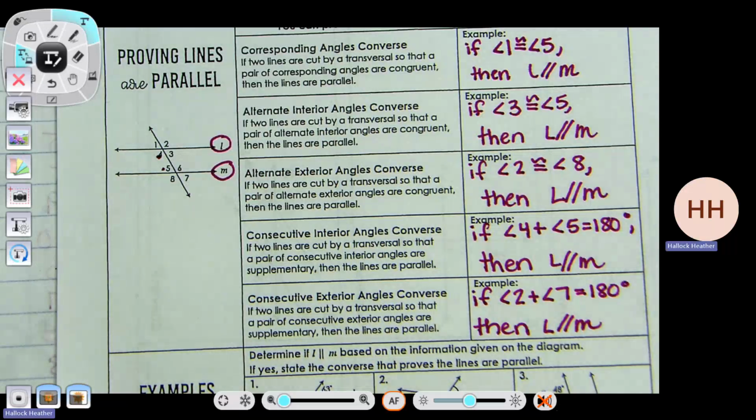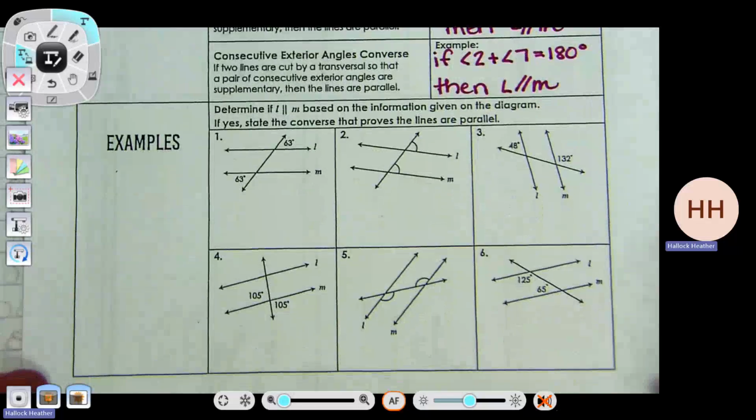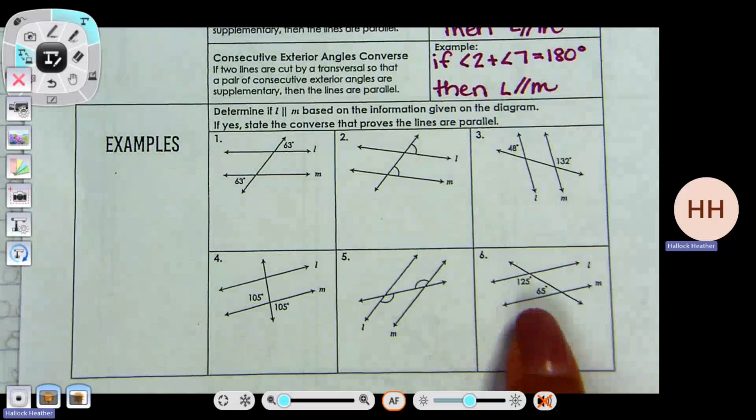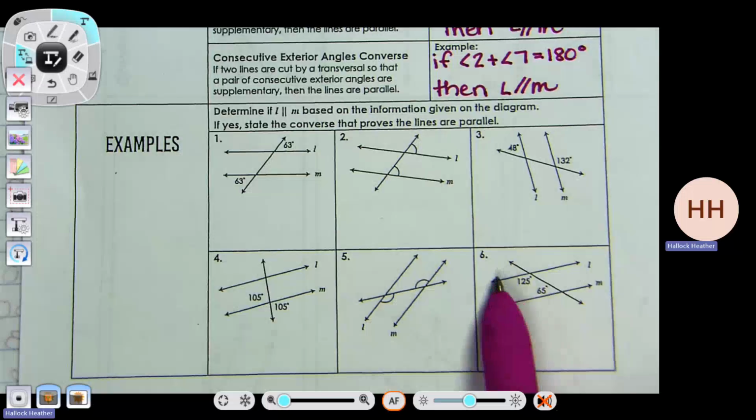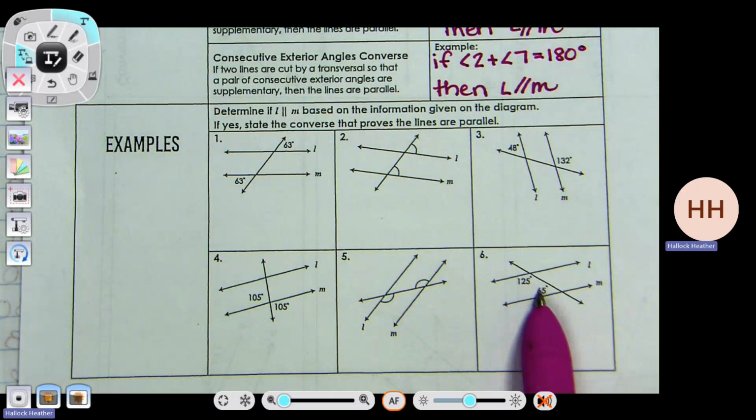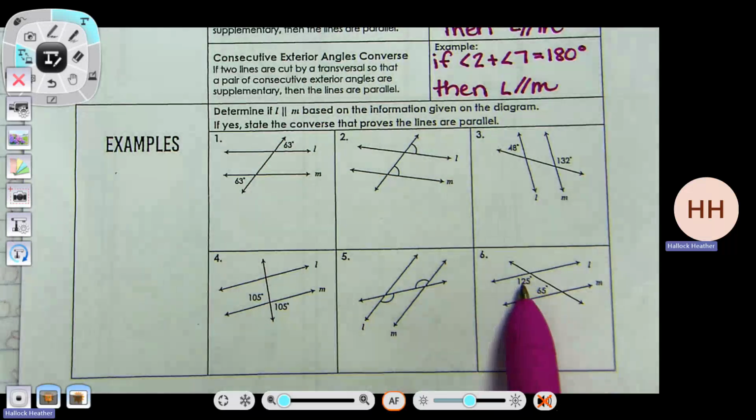So let's go down to our next little section. We're going to start with number 6. We're going to kind of work backwards to this. Number 6, what kind of angles are these? Well, they're supplementary, but are they consecutive interior or exterior? They're consecutive interior.